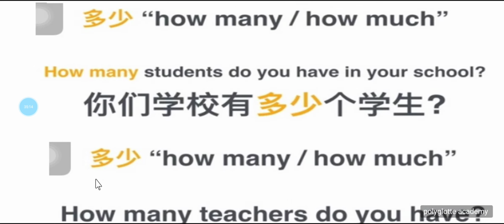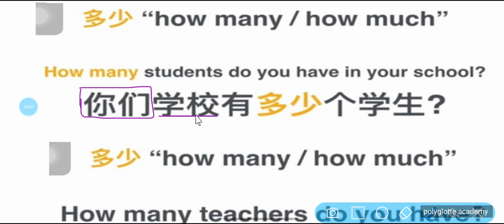Very good. Here we have 你们. 你 is you and 你们 is you plural, you guys. 学校, 学校 here is a school. 你们学校 is your school. 有 the verb to have. 多少 how many or how much, but in this case it is how many. 你们学校有多少个, so you can omit the measure word or go with the measure word. 学生, which is student. 你们学校有多少个学生?